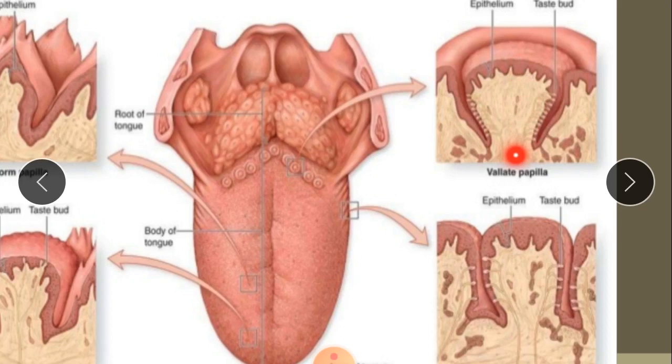It has a stalk with the help of which it is connected to the central part of the tongue, and between the papilla and the surrounding tissue there is a groove. You can see there is a tunnel, a crypt. This is called the circumvallate papilla, and it is the largest one.